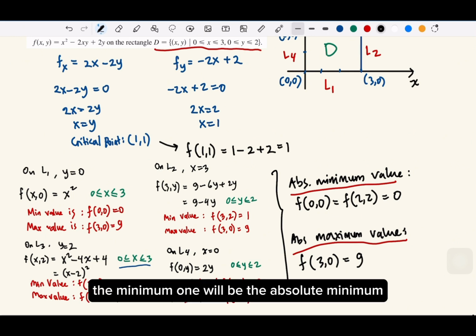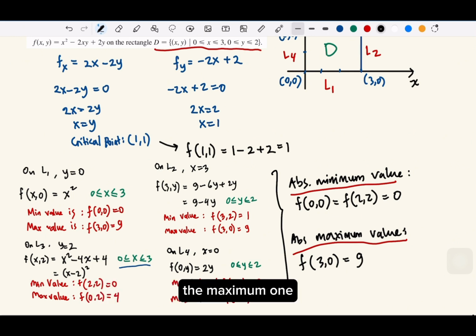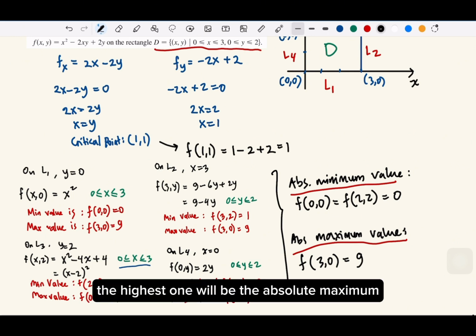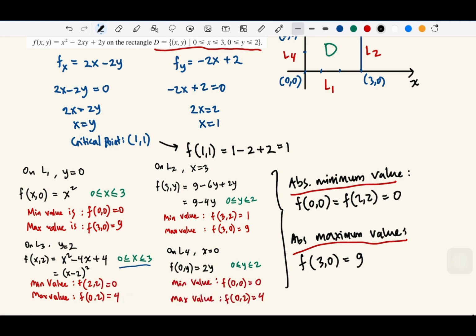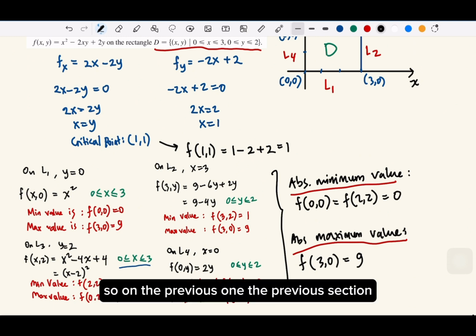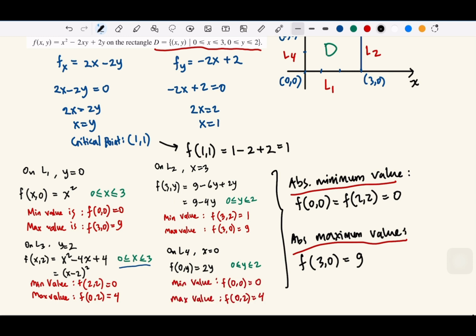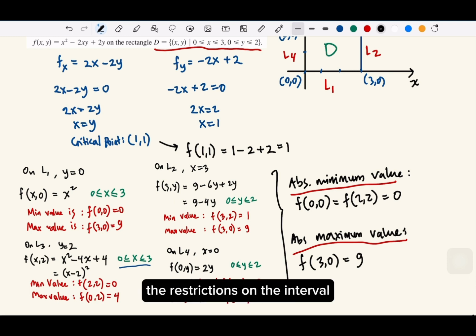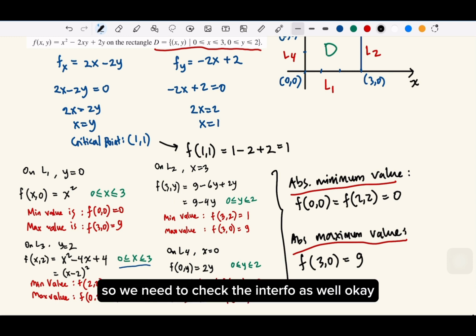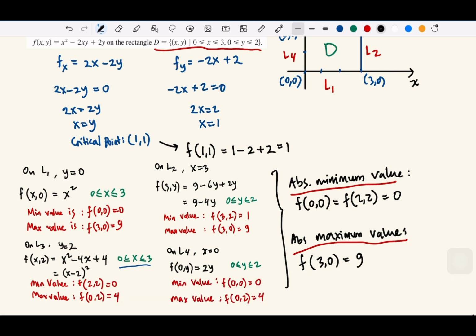The minimum one will be the absolute minimum. The maximum one, the highest one, will be the absolute maximum. Okay, so in the previous section, we only cared about the critical points. But now, since we have restrictions on the interval, we need to check the interval as well.